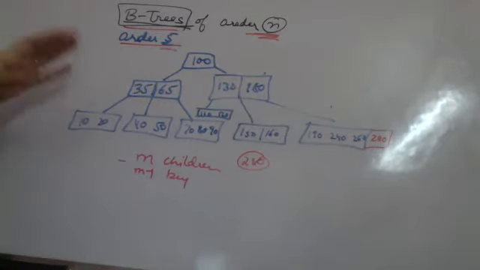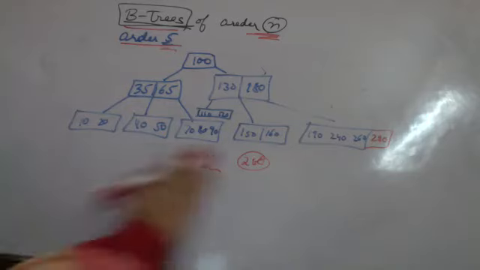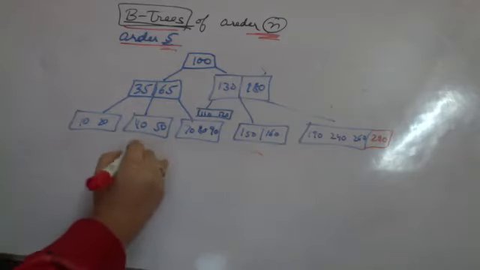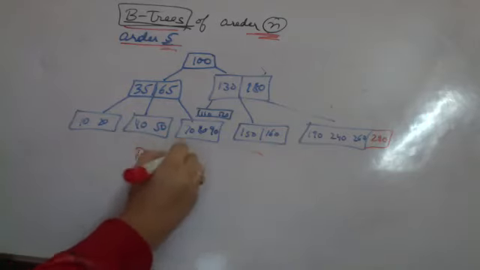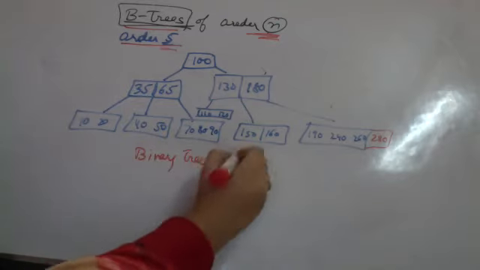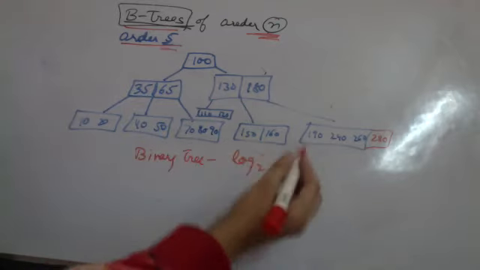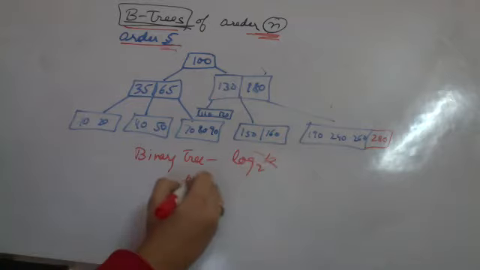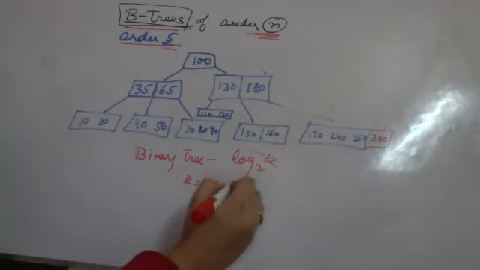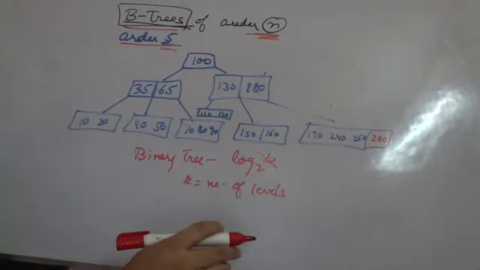If I talk about the height of a normal tree, what is the height of a binary tree? A binary tree has height log of 2 to the power k, where k is the number of levels. Isn't that right? Yes or no?